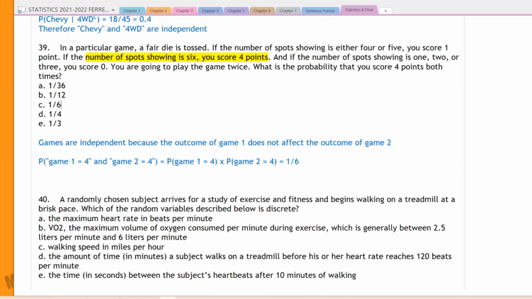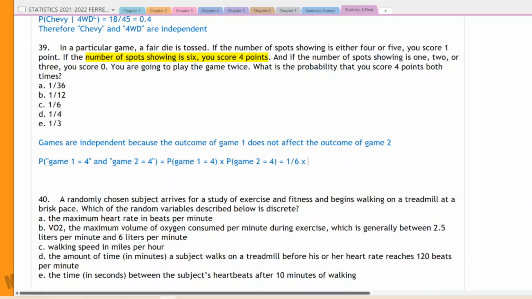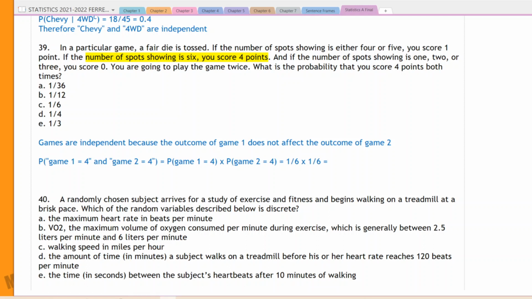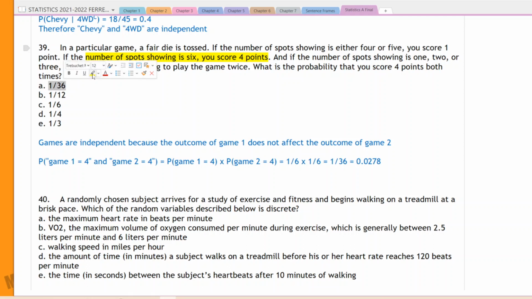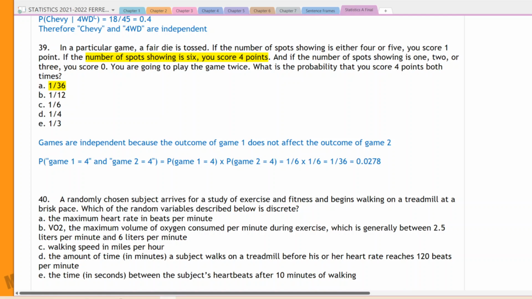And we're going to multiply this by the probability of getting 4 points on game 2. And you get 4 points on game 2 if the number of spots showing is a 6. And that probability is 1 out of 6. So when we multiply that together, we get 1 out of 36. So the correct answer here for 39 is letter A.